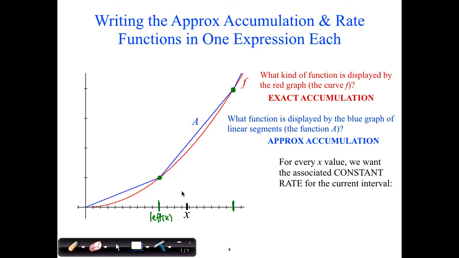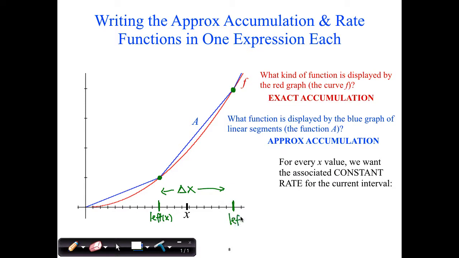What about the x value at the end of that interval? If our interval width is, let's say, delta x units wide, how could I describe this location? If left of x is here, and then I want to jump delta x to the right, it's left of x plus delta x, right?